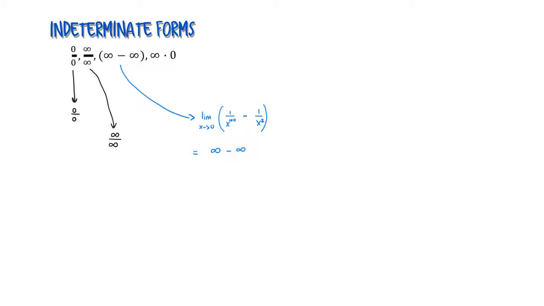And that's because the denominator, if you just focus on the denominator, x to the 100 grows faster than x squared.